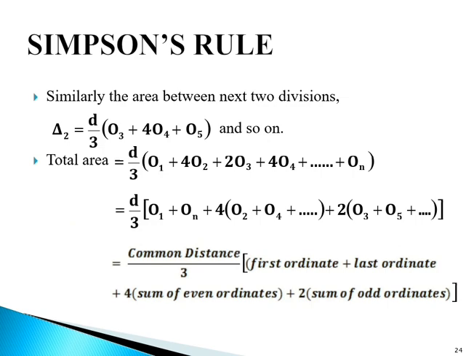So if we simplify this, D by 3 into O1 plus ON plus 4 times O2 plus O4 plus and so on, plus 2 times O3 plus O5 plus up to bracket over. So from this we can say total area is given by common distance divided by 3 into bracket first ordinate plus last ordinate plus 4 times sum of even ordinates plus 2 times sum of odd ordinates bracket over. Okay, so it is given by this equation.